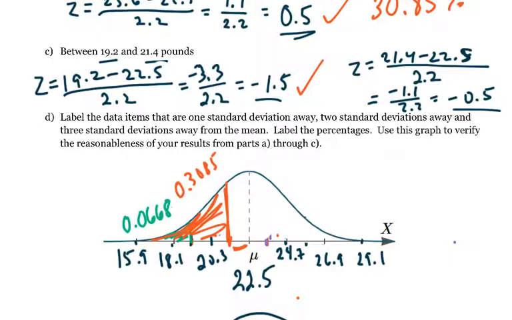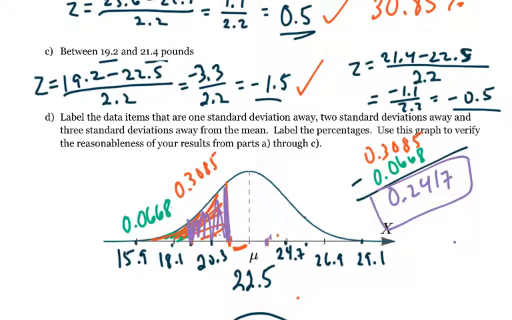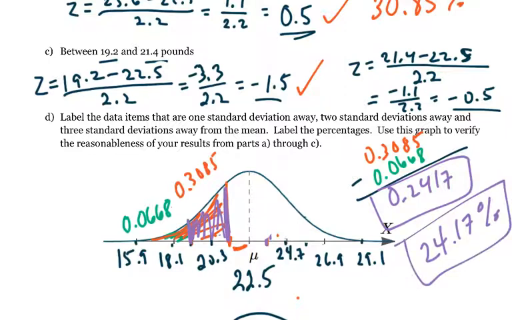So to find the area between those two, I would take the red and I would subtract the green. So when I subtract the green area from the red area, that leaves me with the purple area. So I get 0.2417, which is 24.17%. Okay, so that's how many babies would have the weight between them.